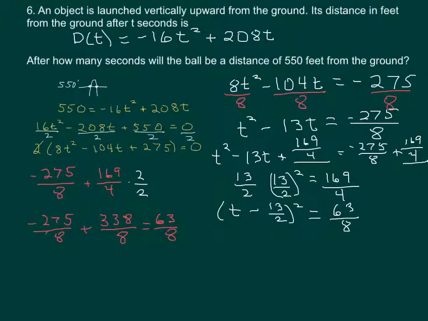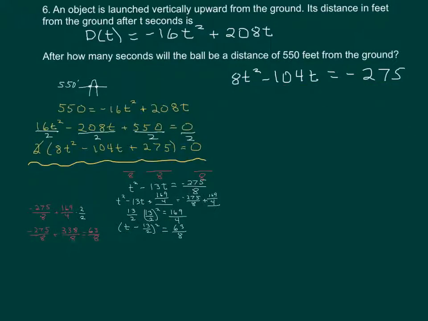Okay, so now we have to take the square root of both sides. So I'm going to clean up my screen a little by shrinking everything and moving it down. But let's rewrite our last step. We had t minus 13 halves squared equals, and I'm going to give myself a little room on the right, 63 over 8.